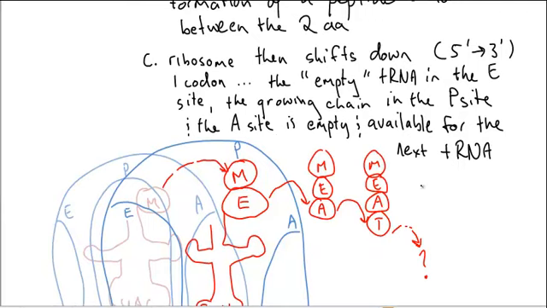And then step D, the empty tRNA exits the E site.